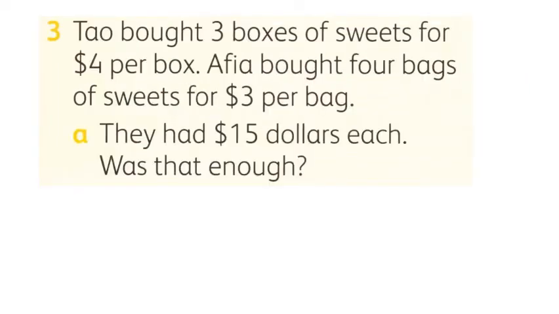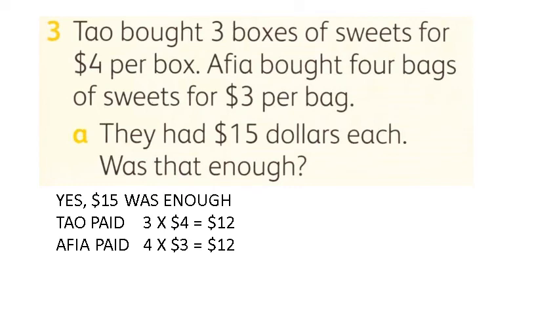Take a look at question number 3. Tal bought 3 boxes of sweets for $4. Afia, 4 bags of sweets for $3. Was $15 each enough? Well, yes, of course, $15 was enough.